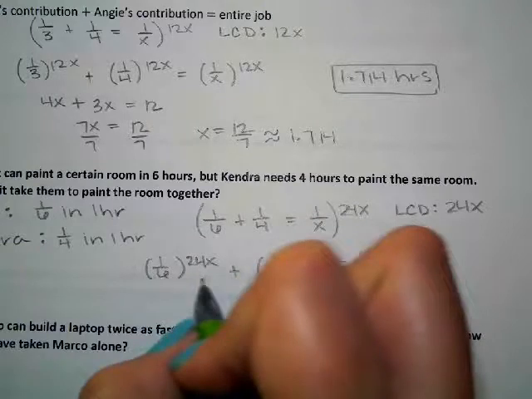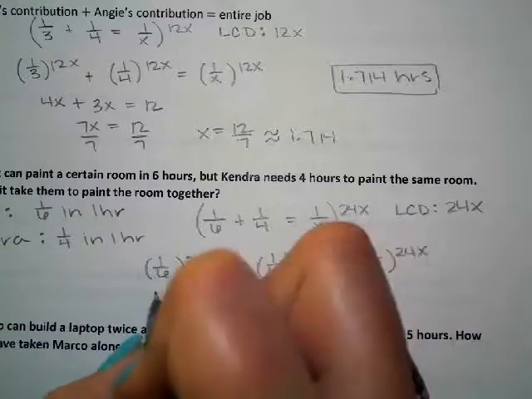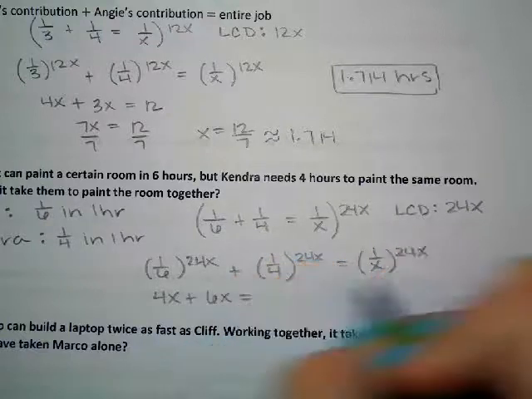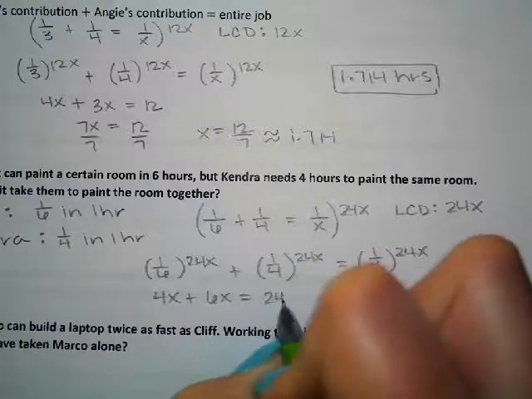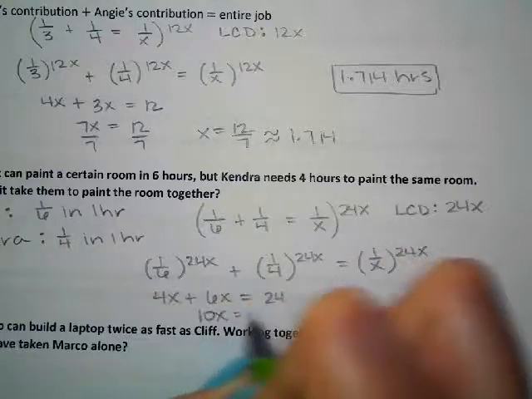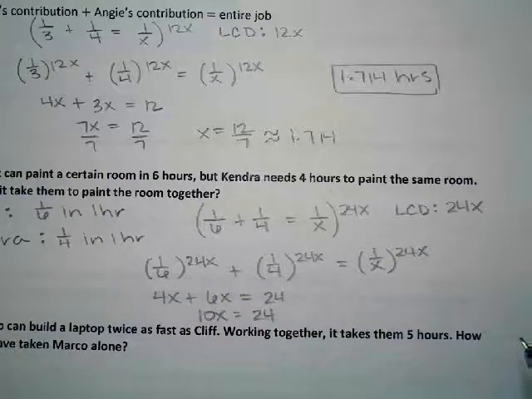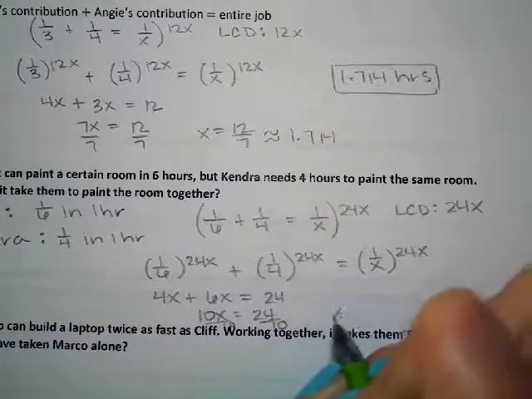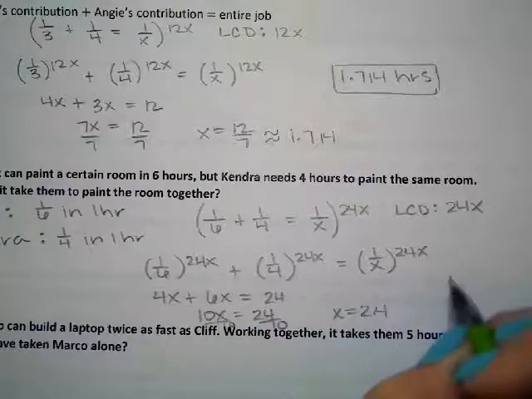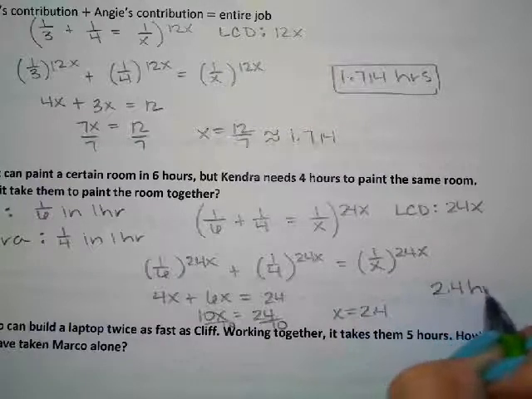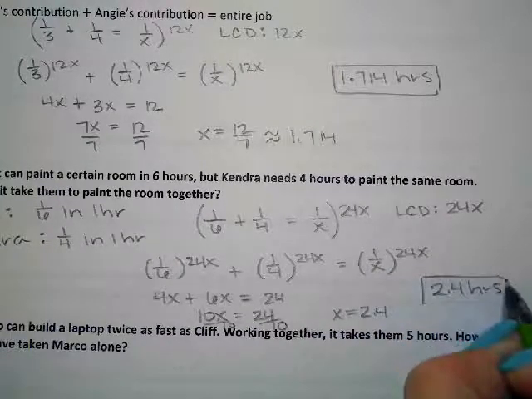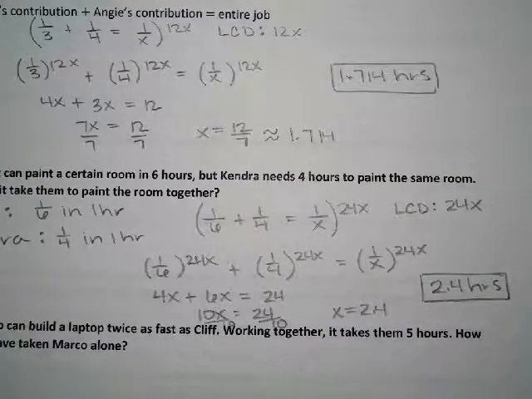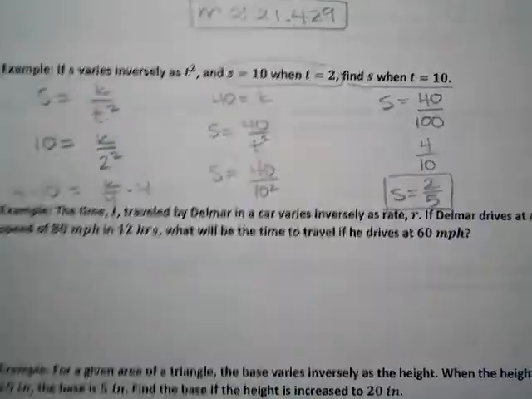That gives us 24 divided by 6 is 4x, 24 divided by 4 is 6x, and 24. And so I'll divide by 10, divide by 10. So 2.4 hours is how long it would take them to paint the room together.